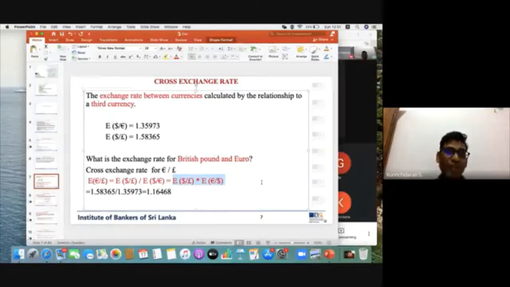So then that is 1.16468. So the answer is correct. But if you divide the other way around, this will be below 1. Then you can reconfirm something is wrong in the calculation. That is for reconfirmation, but you have to do the calculation based on this formula. Clear?